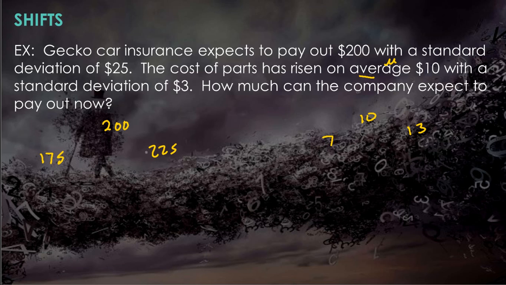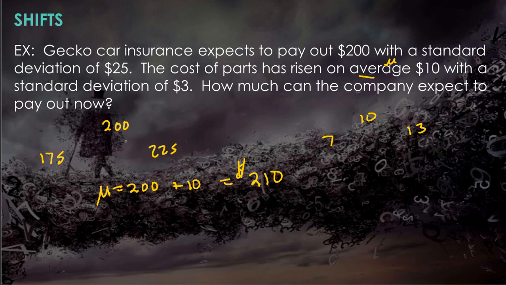Well, these are all variables, so yes, my new expected value will be the 200 plus the 10 and give me $210. But my standard deviation, see, this isn't a fixed 10. It's not a definite 10. It could vary with an average of 3.